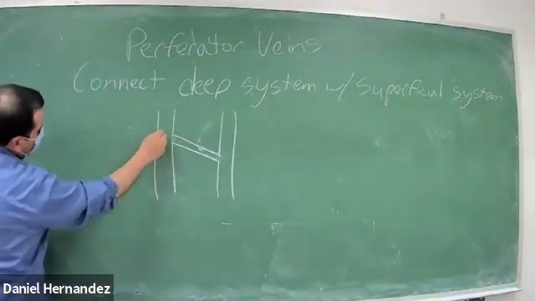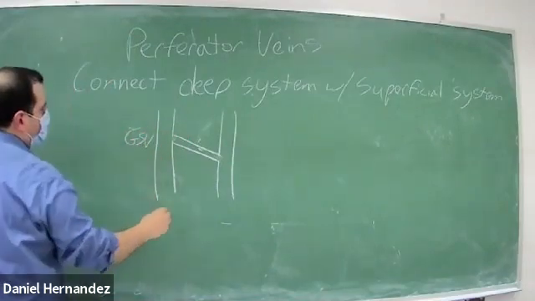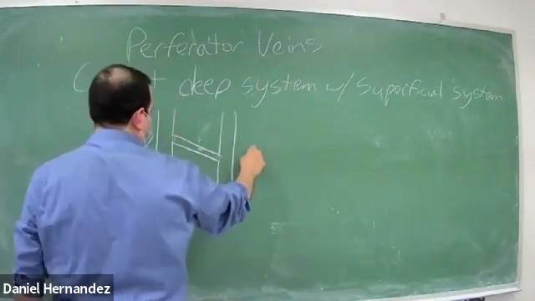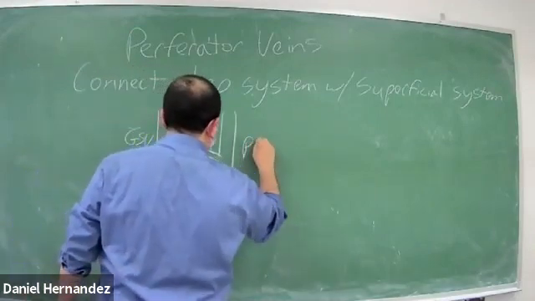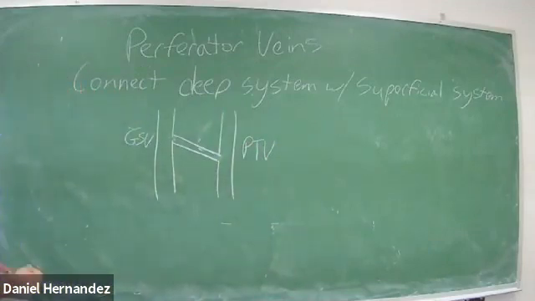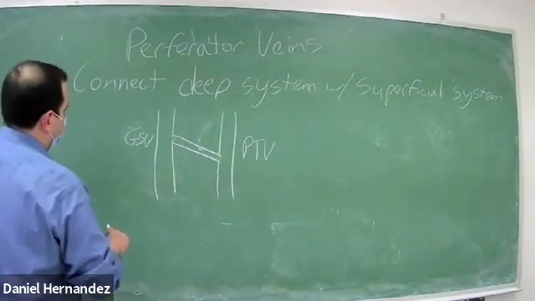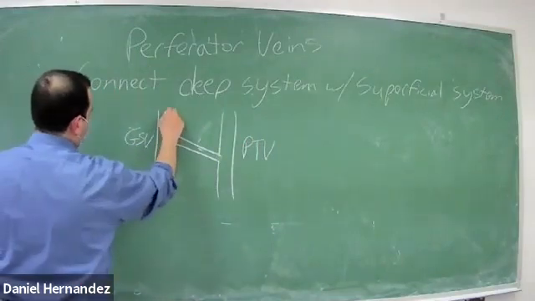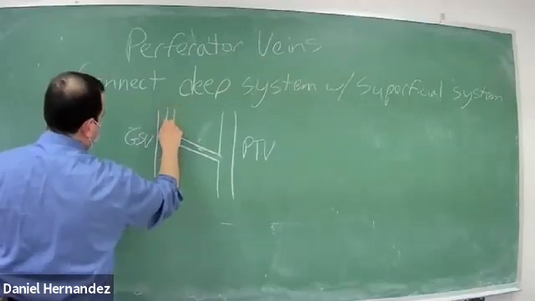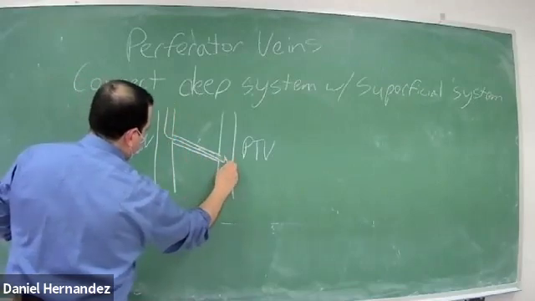So I'm going to make this one our greater saphenous vein, GSV. We'll make this one our posterior tibial vein. Under normal circumstances, blood flow is going to go from the superficial veins into the deep veins.